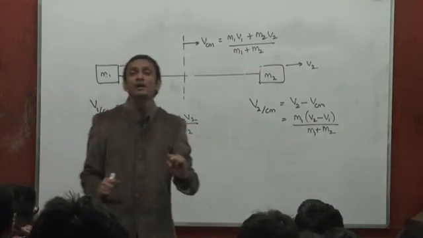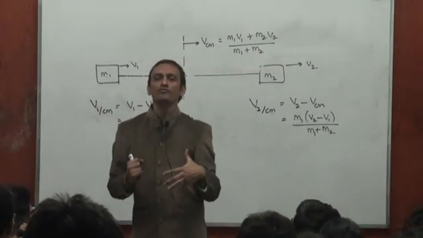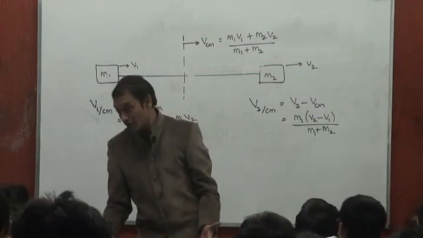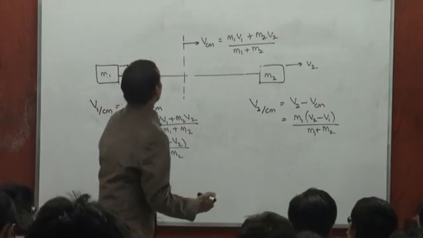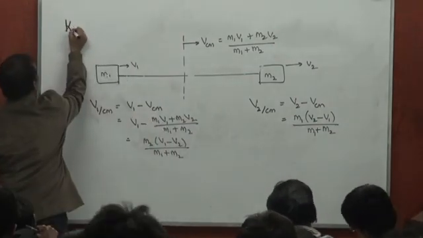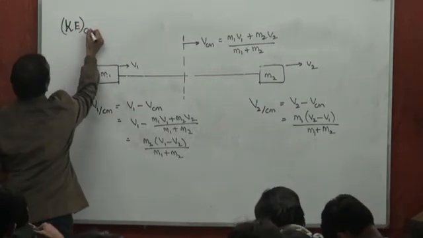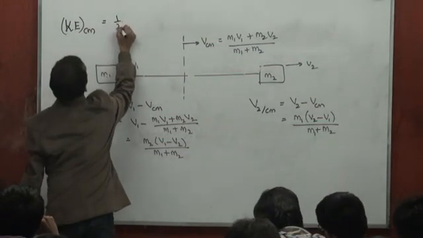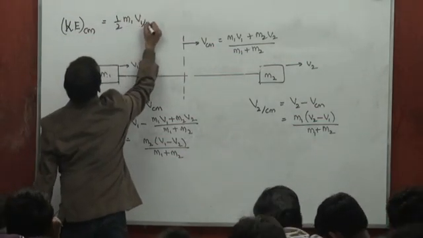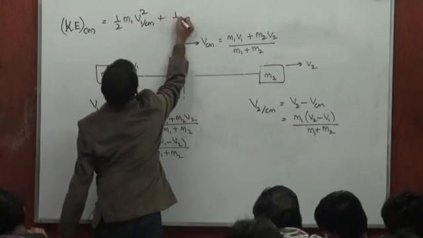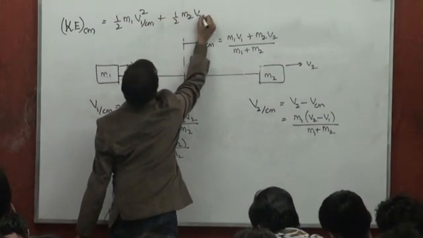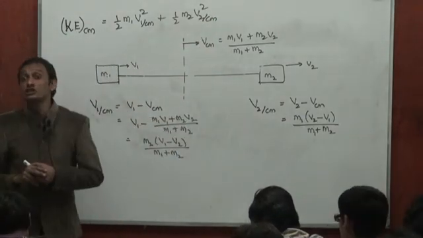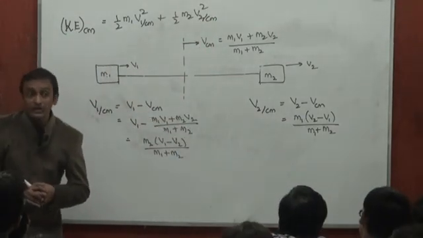Now, if the center of mass is given the task of reporting the kinetic energy of the system, the kinetic energy of the system in the center of mass frame is going to be half m1 v1cm squared plus half m2 v2cm squared. That's the kinetic energy of the system as seen by the center of mass.